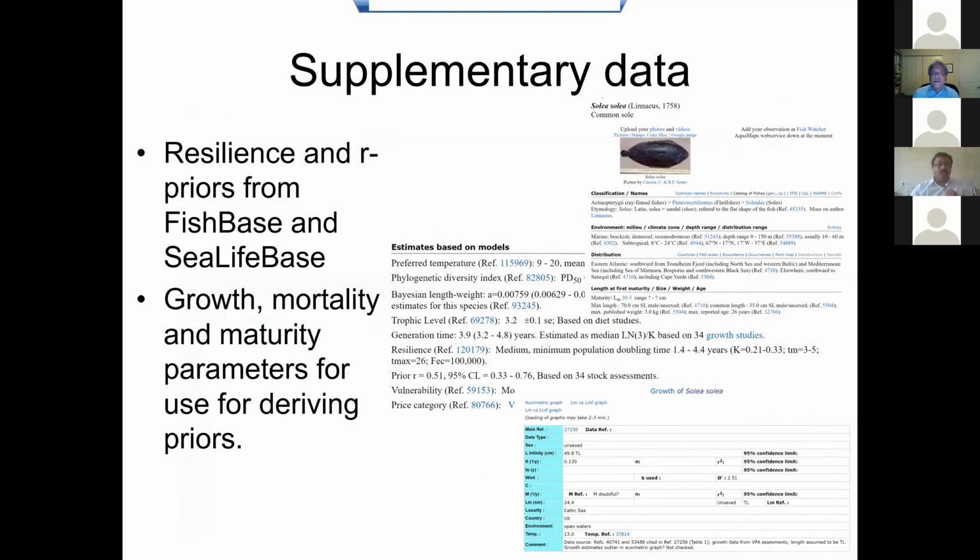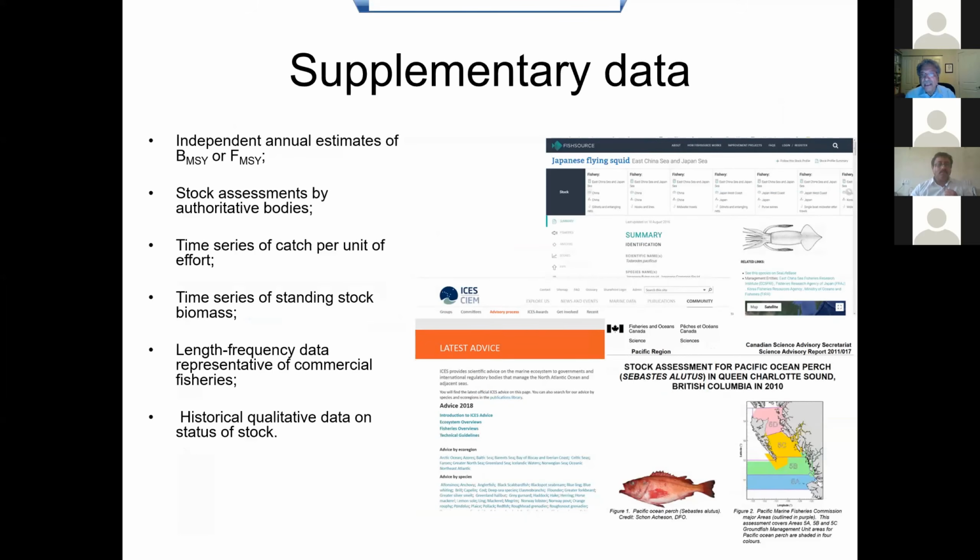However, if you have additional data, if you have information on the growth and mortality of the fish, then you can reduce the range of R and K that you have to search in, and you can use FishBase.